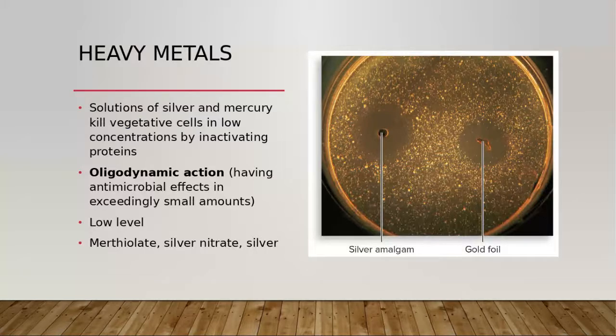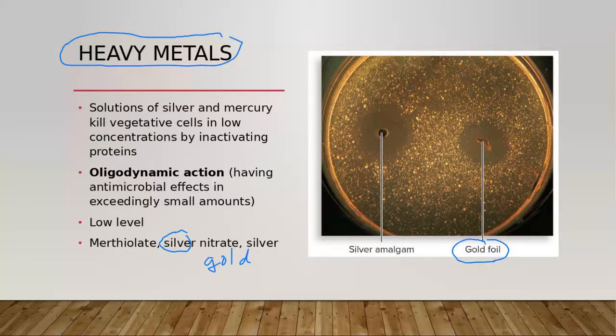Heavy metals: there are some heavy metals that can destroy bacteria or microbes. Examples are silver and gold. They can also destroy bacteria. These are examples of an experiment using silver and gold. If you see over here, you have what we call the clear zone or zone of inhibition, which is no bacterial growth.